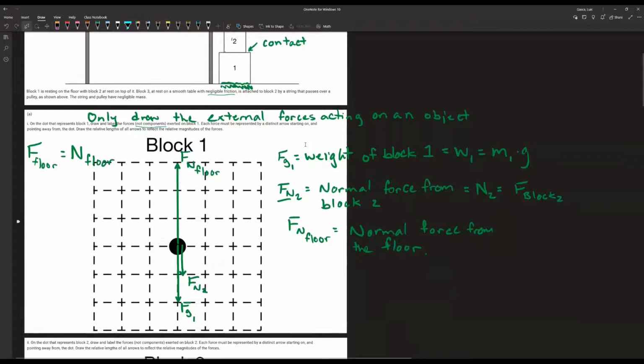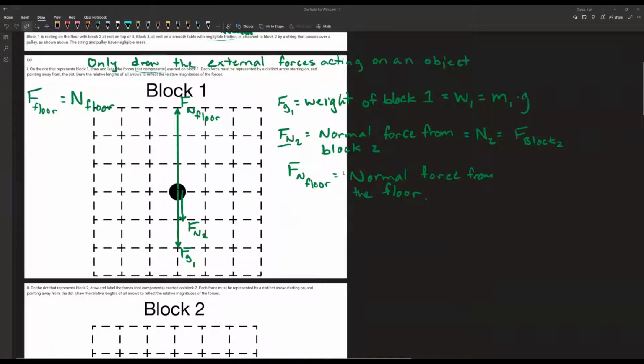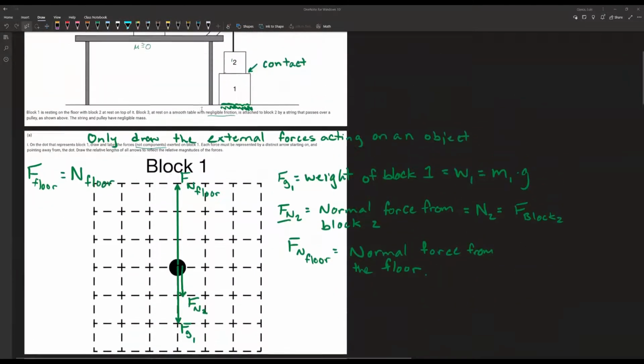Other questions? Okay. All right. So I think that's it for the free body diagram here on block 1.